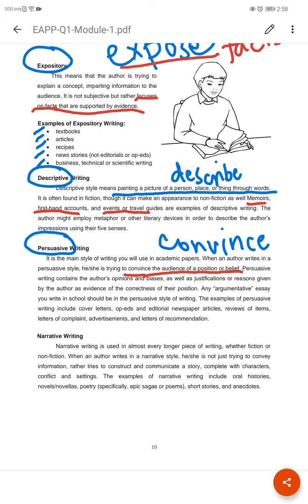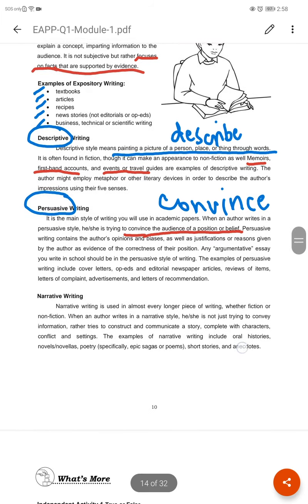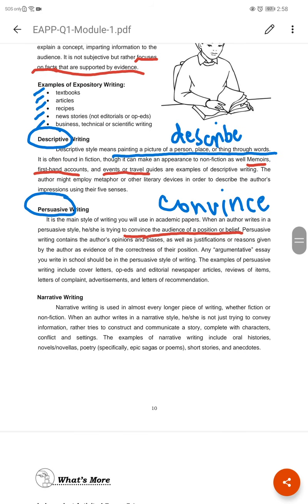So instead of saying that you are in favor of same-sex marriage because you are gay and you want to be happy, you could say that you believe that same-sex marriage will allow individuals, even though of the same gender, to take care of foster children or children who are from broken families or children who are orphaned without parents. So that is one way of better convincing your readers about your argument. Although it's your personal opinion, it is still objective because you have enough justifications of what you are believing in.